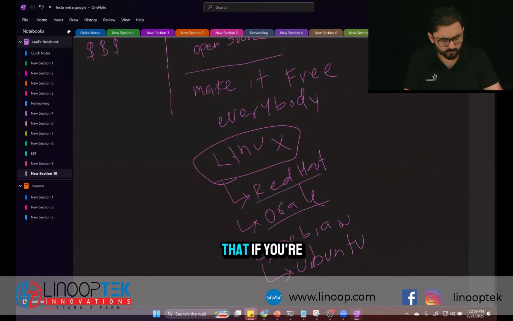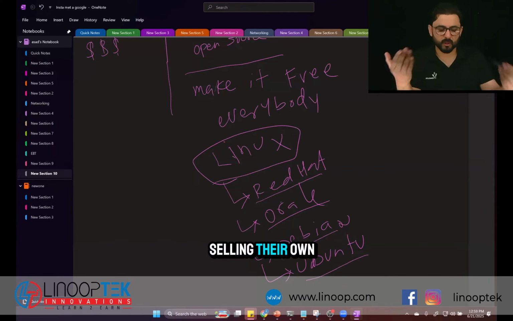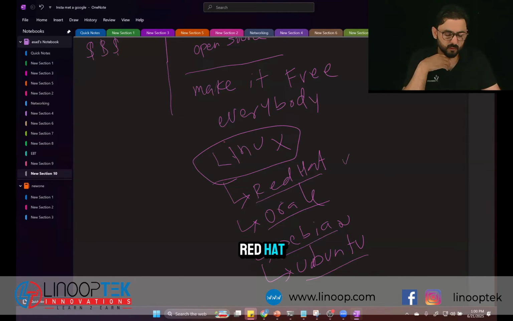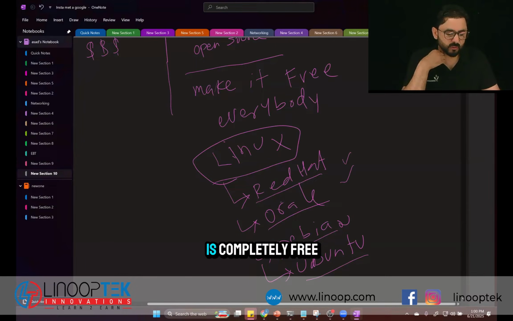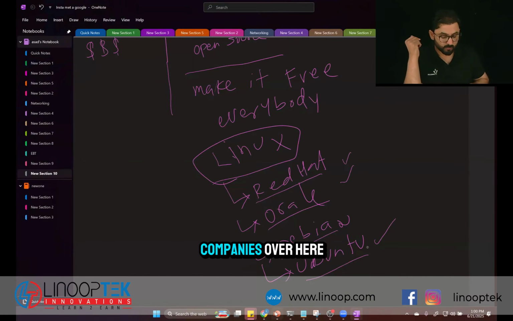You can do that if you're smart enough to do this. And then some of these companies were the industry leaders. They were the early birds. So they started selling their own operating systems, such as Red Hat and Oracle, and Ubuntu is completely free. And so they're highly successful. And these are some of those companies over here.